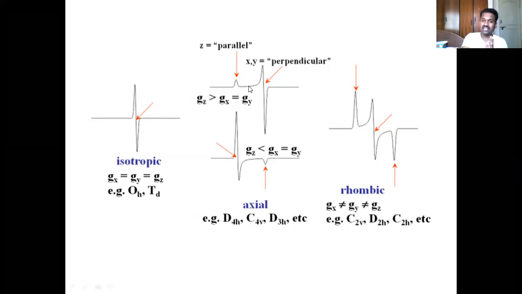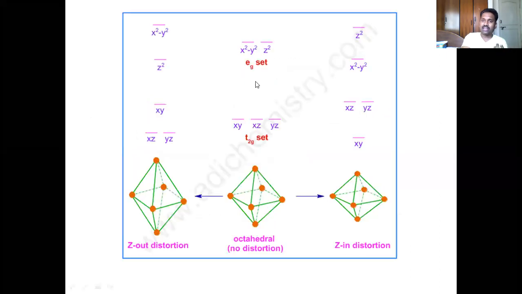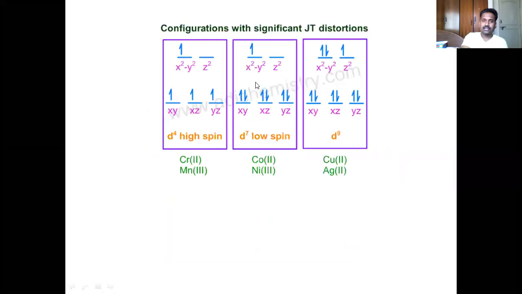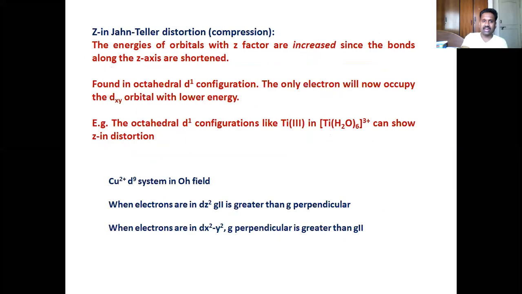Of course, this is only a representational spectrum. It can also correspond to axially different fields like square planar, trigonal bipyramidal, all those things. But it can also correspond to this. And almost the reverse thing happens in Z in distortions.